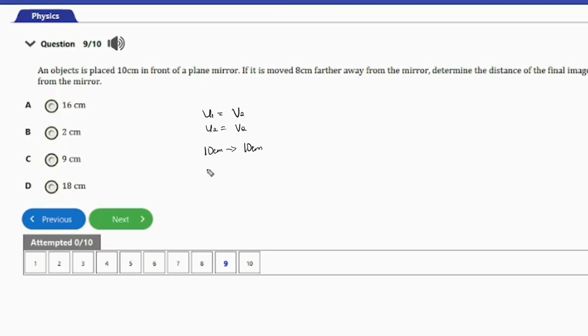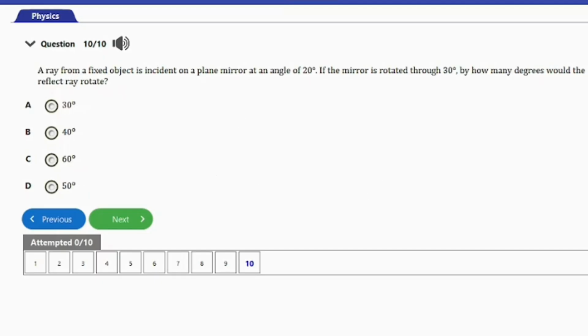Now, the second distance of the object from the mirror will be 10 plus 8, and that's 18 cm from the mirror. So if the object becomes 18 cm from the mirror, that means the image formed will also be 18 cm from the mirror, and that's option D here. So option D is the answer to this question. Let's go ahead and consider the next and last question, guys. So that's question number 10 here.